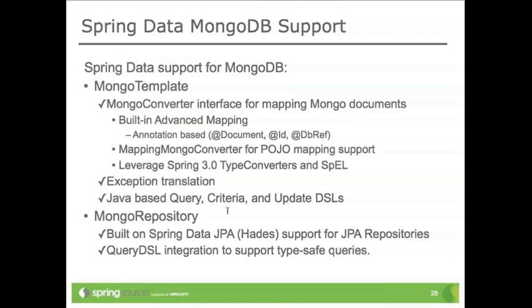And the exception translation will actually translate any Mongo exceptions to a corresponding Spring data access exception, very similar, again, to the JDBC support, where we translate all the SQL exceptions into Spring data access exceptions. And we also have a Java-based query criteria and update DSLs to make it easier to build the query document that Jared showed you earlier in the talk.